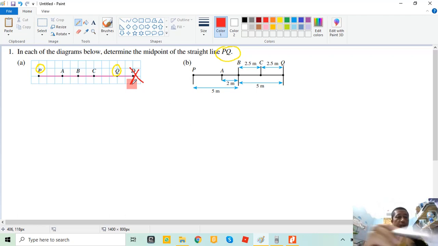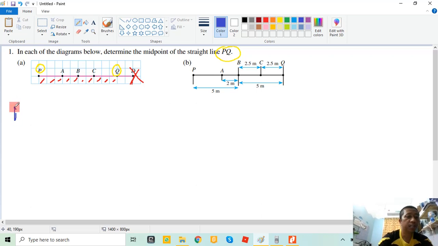Next, we count the box. This is 1, 2, 3, 4, 5, 6, 7, 8, 9, and 10. So there are 10 boxes.